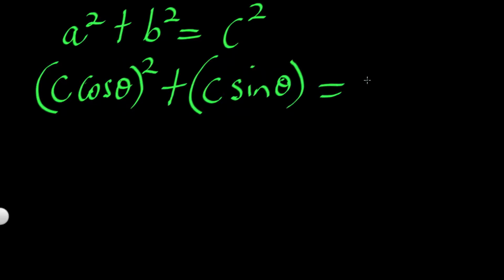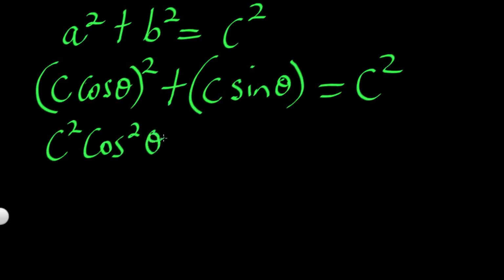This is equal to C squared. Let me simplify the brackets. This gives me C squared cos squared theta plus C squared sine squared theta.